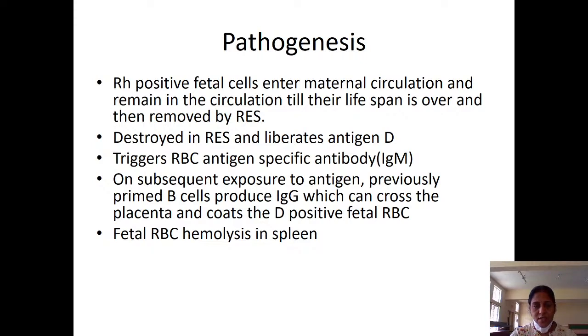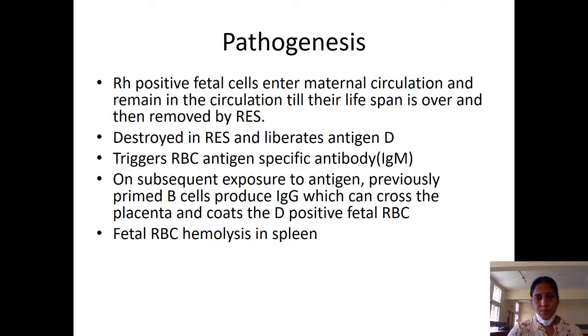After they are destroyed in the reticuloendothelial system, there will be liberation of the D antigen. This antigen triggers the RBC antigen antibody response. First, as you know, it is IgM and later on immunoglobulin G. Similarly here also, the D antigen creates the IgM antibody.